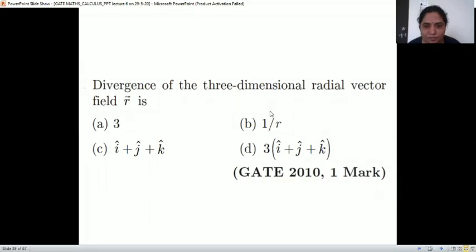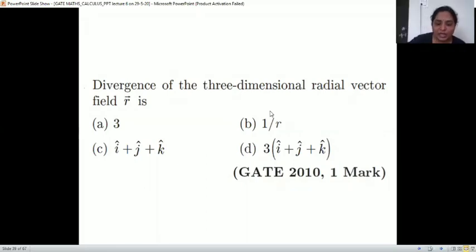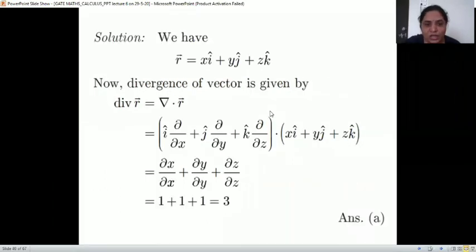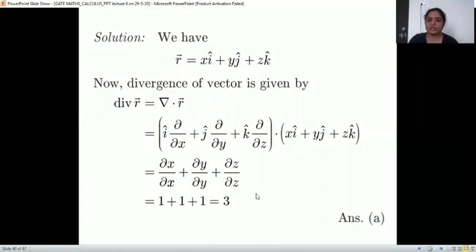Option A. Okay, it is 3. Del dot R bar is always 3 and del cross R bar is 0. How we do that: the divergence of R bar, that is del dot R bar, here is the definition of del, here is our R bar. So it is dou by dou x of x, that is 1, dou by dou y of y, 1, dou by dou z of z, that is 1. The answer is 3.